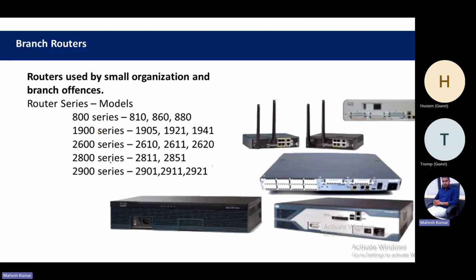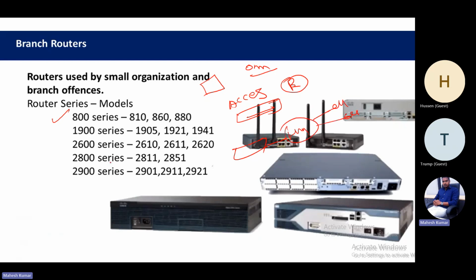Branch routers. Any vendor cannot manufacture in one single model. They create multiple models, like for the access layer, for small companies, based on their requirements. Higher end routers are for higher organizations, where more users are available.